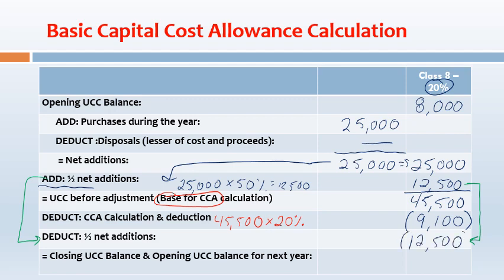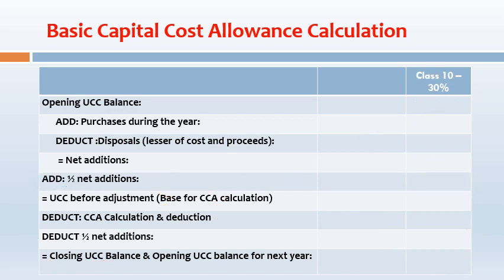To get my closing balance for the year, I'll start with 45,500 minus 9,100 minus 12,500, which is going to give us the closing balance for the year of 23,900. So notable here, the CCA for the year is 9,100. The closing UCC for the year in this pool is 23,900. Excellent.